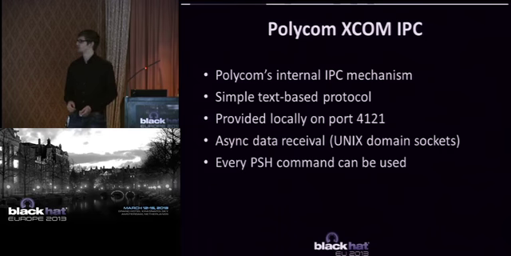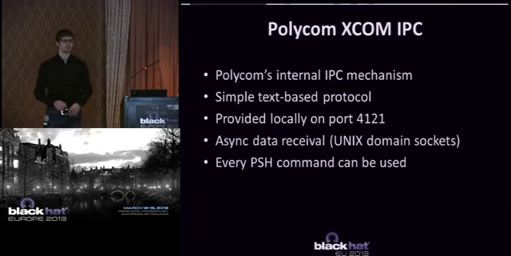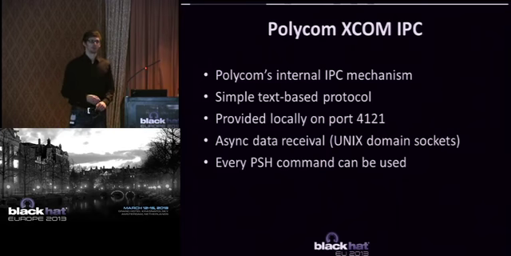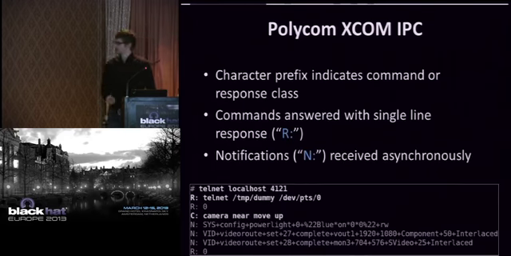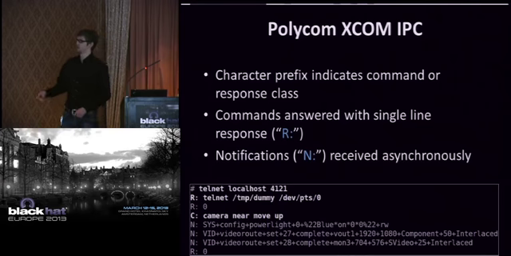The server for that protocol is running locally on port 4121, and it has some kind of asynchronous data receival mechanism. And basically, what you can do is you can reuse every command from the Polycom command shell in this XCOM IPC mechanism. So this is how it looks. You basically connect to the local port 4121.